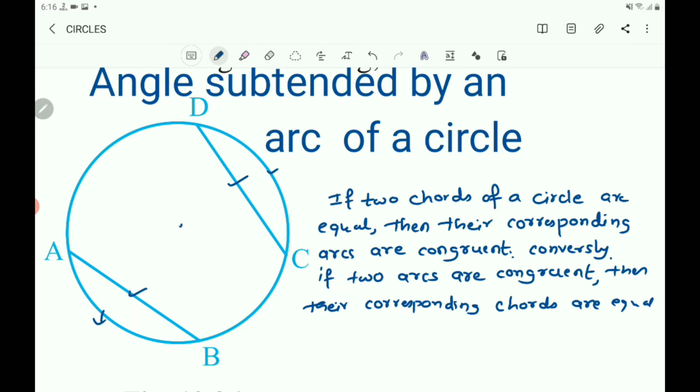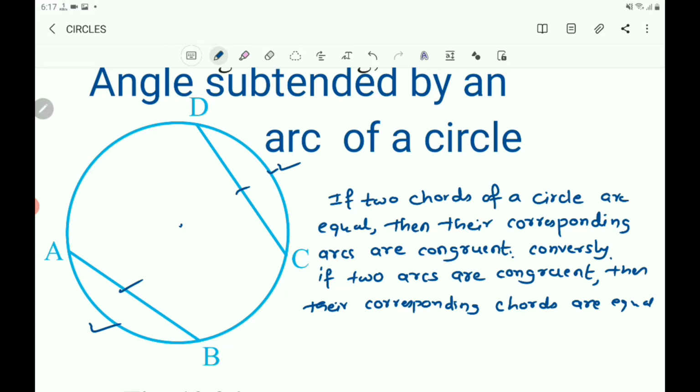Here, if you take AB equals CD, then naturally arc AB coincides with arc CD, meaning they are congruent. So congruent arcs make equal chords, and equal chords make congruent arcs.